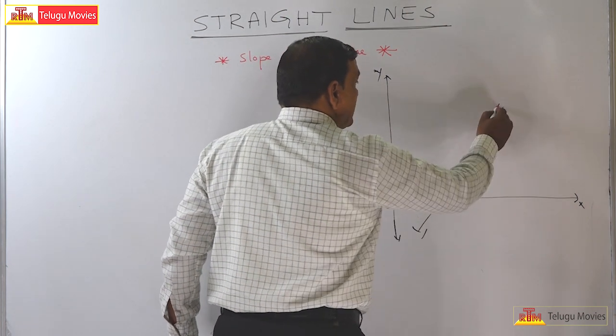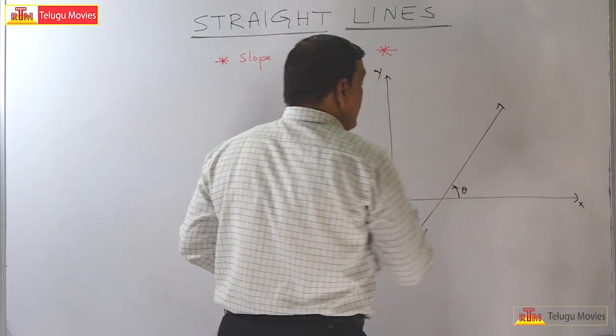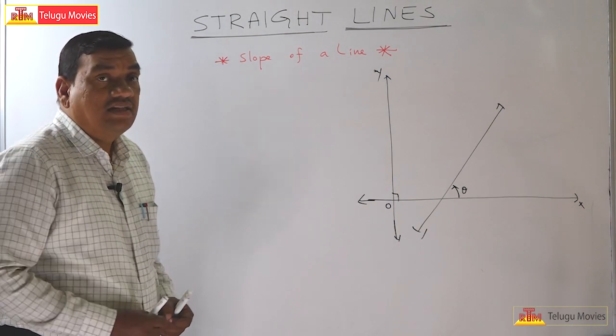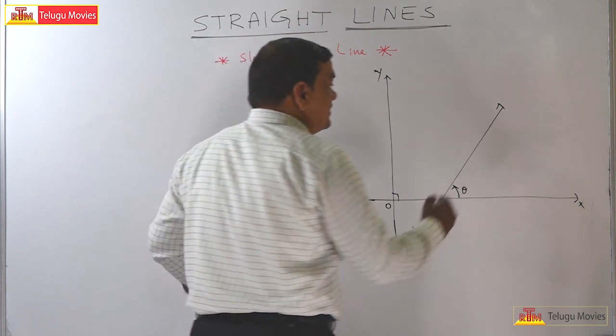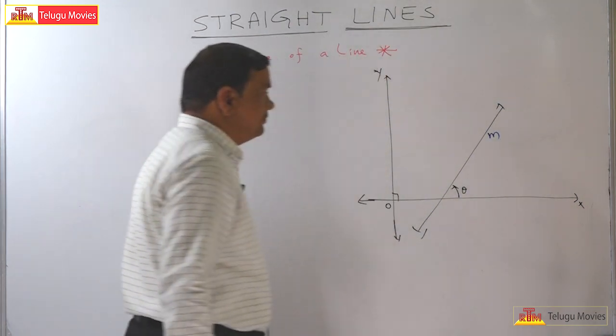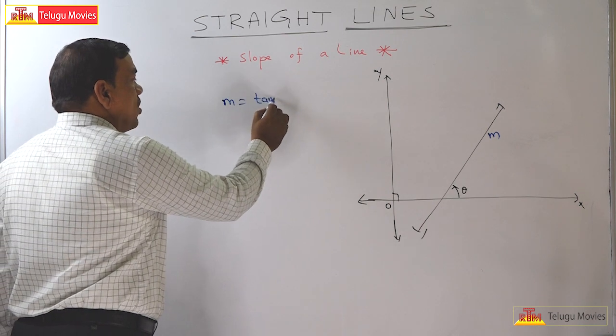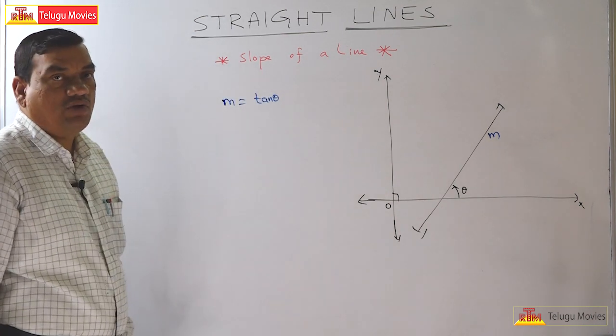If theta is the angle made by the line with the x-axis in the positive direction, then the slope of the line is denoted by m, and it is given by m equals tan theta.